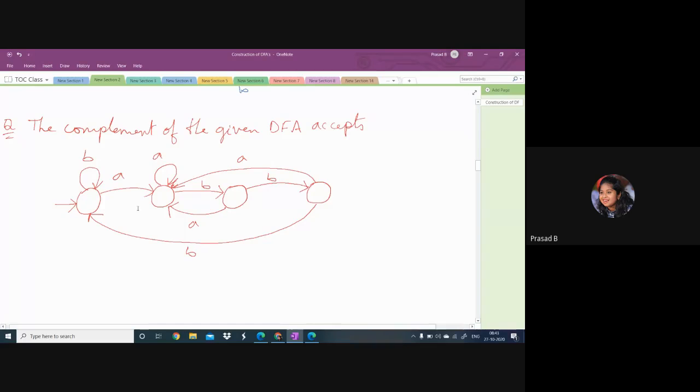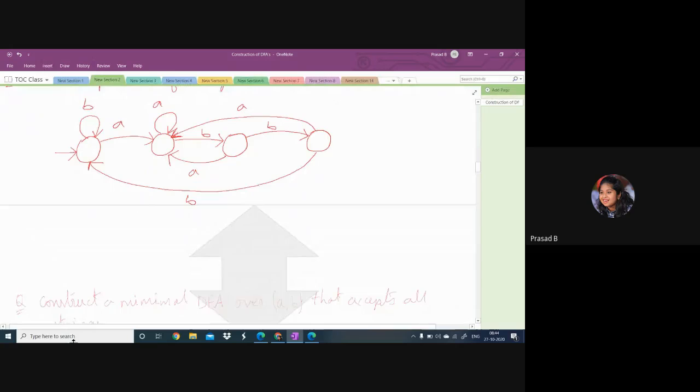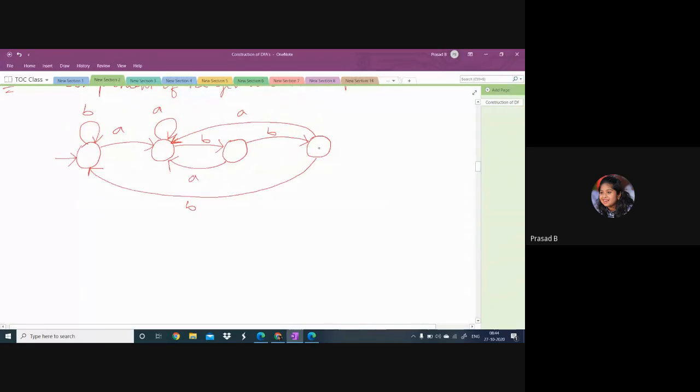Take this question. The complement of the given DFA accepts all strings not ending with ABB.